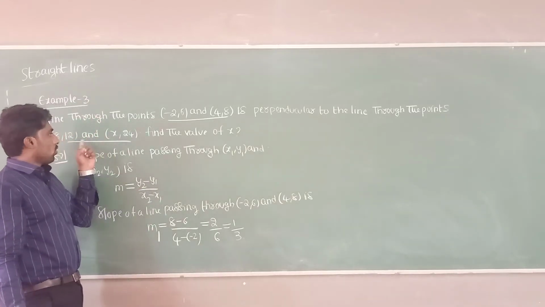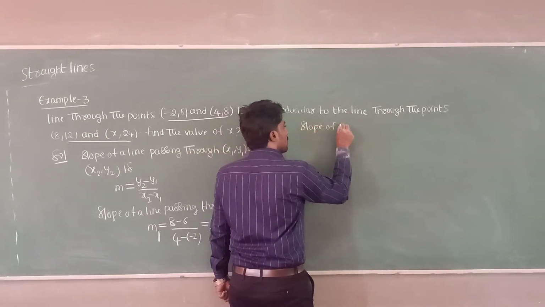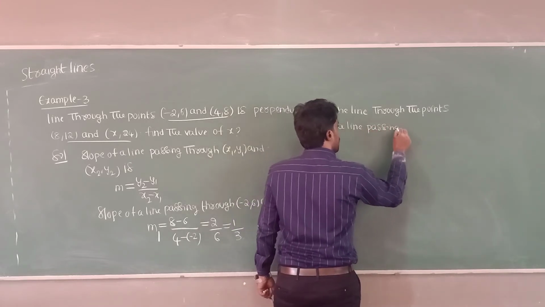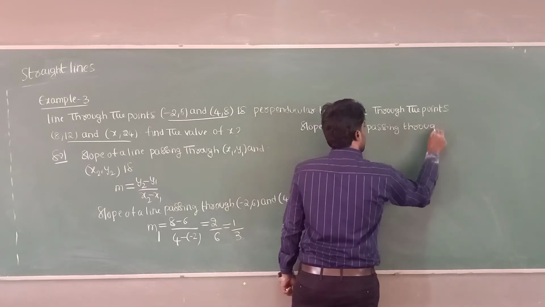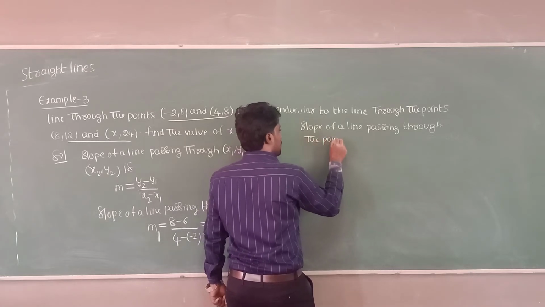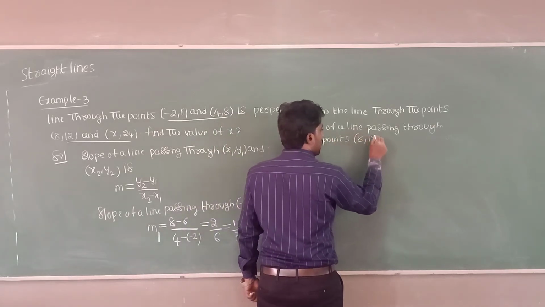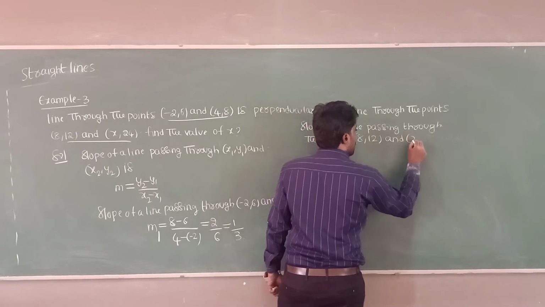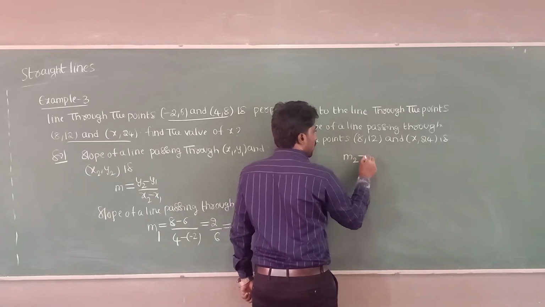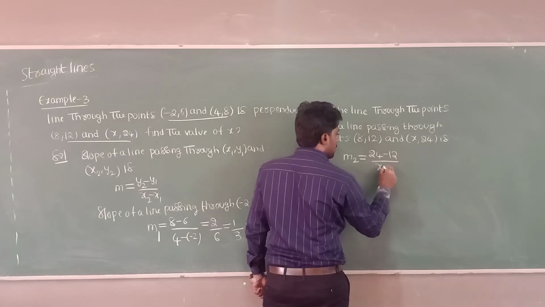Okay. Next I want to find the slope of the line passing through the other 2 points. What are the points here? 8 comma 12 and x comma 24. m2 equals y2 minus y1, 24 minus 12, by x2 minus x1.